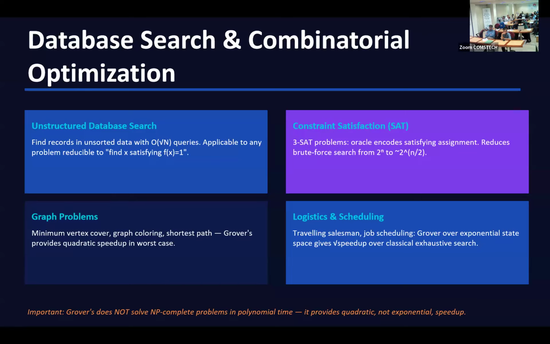Then comes logistics and scheduling. There is the traveling salesman problem. Like you have your Amazon riders or other riders who bring food and deliveries to you. If they are going to deliver to many places at the same time, they need the best possible pathway, so that in the minimum amount of time they can deliver to all their targets.